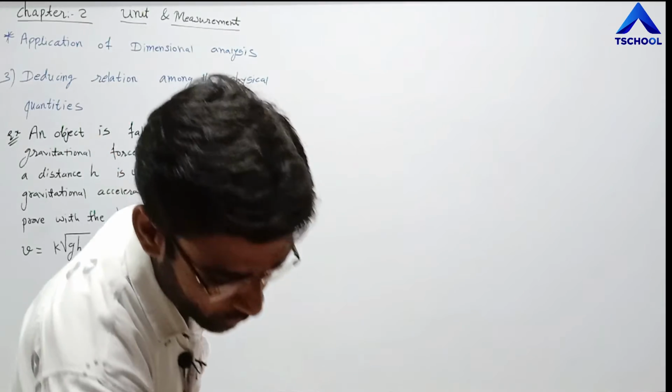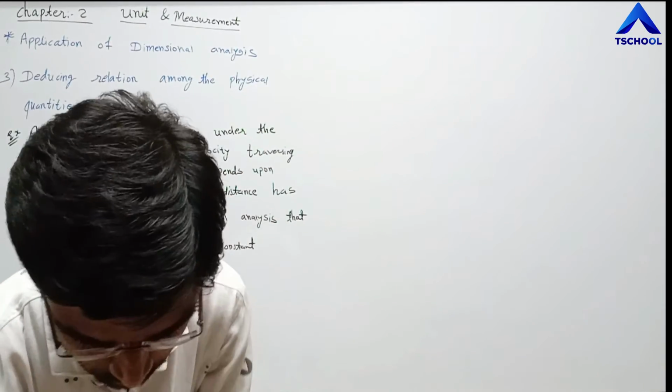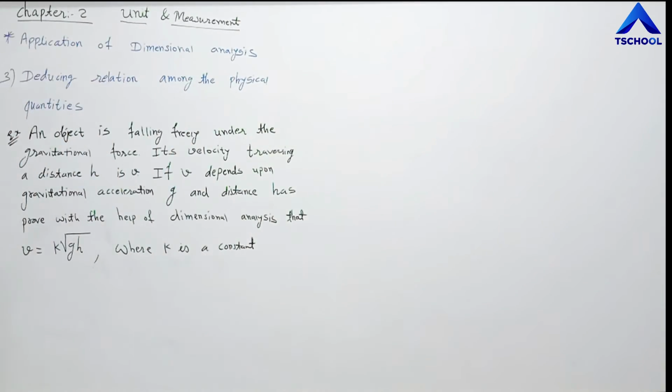Now we have to prove the relation velocity v is equal to k root of g into h.